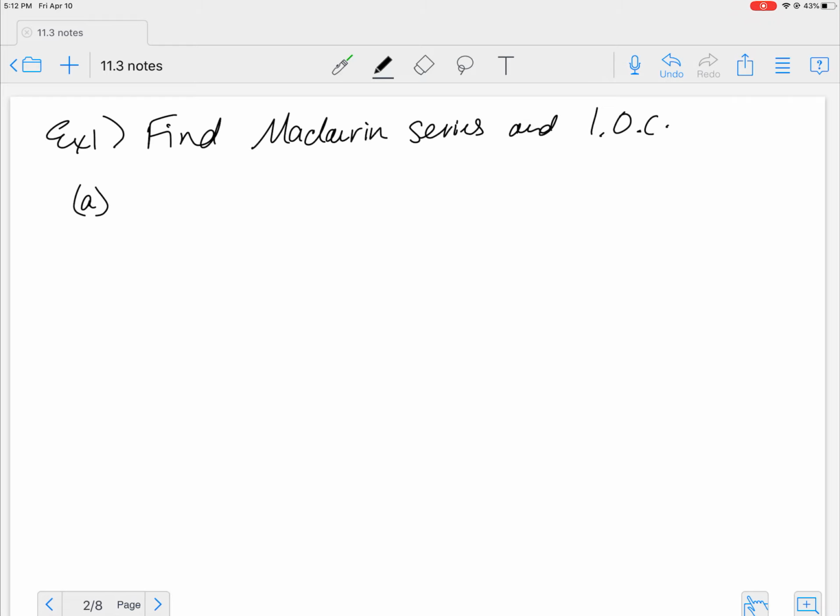Okay, so here's example 1a actually. My function is cosine of x, and because it says Maclaurin, what is my center? Yes, so automatically A is equal to 0. Now this is what we're charged with: we want to find the first 4 non-zero terms.